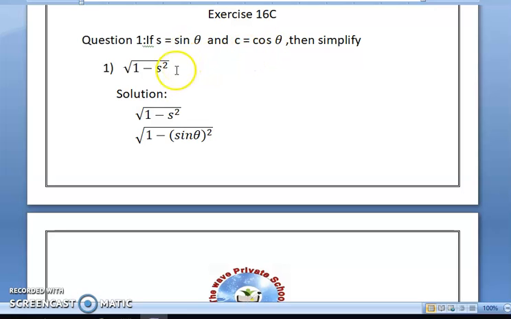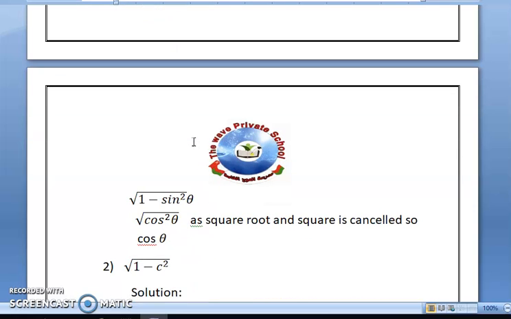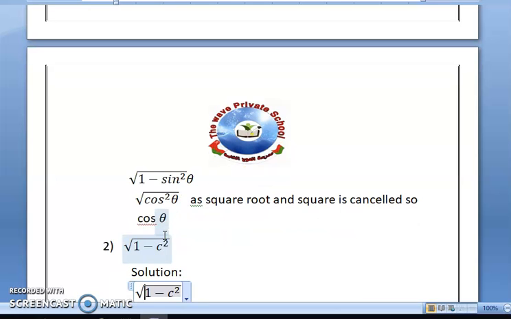We have to simplify this. In place of s, we put the value of s, that is sine theta. So sine theta squared becomes sine square theta. So it is 1 minus sine square theta, and we know by the formula that 1 minus sine square theta is equal to cos square theta, and the square and root cancel, so its answer is cos theta.